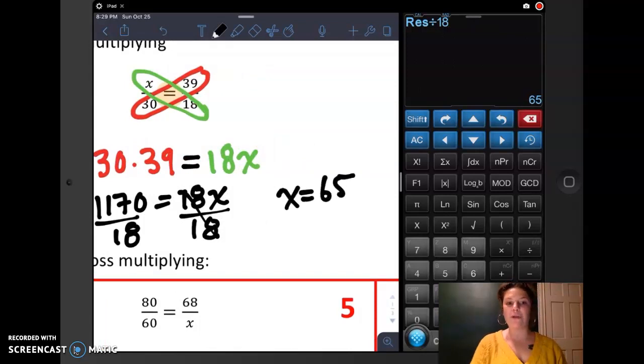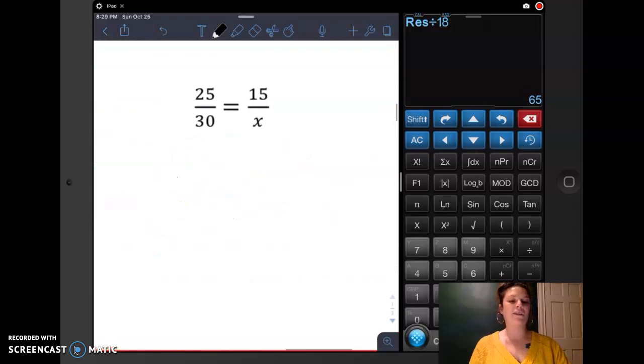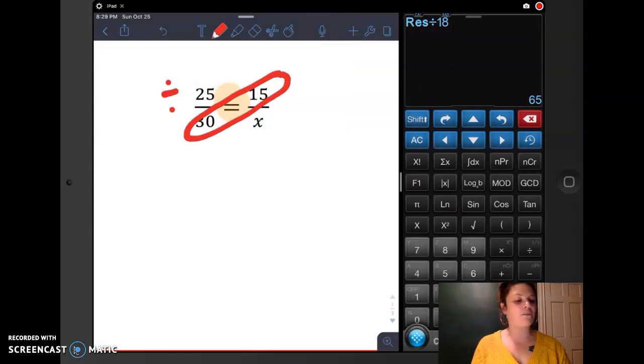All right, I'm going to show you something. If this way is working for you, that's great. If you want even more of a trick, something that goes a little bit faster, all you have to do is multiply the two numbers that are diagonal, and then divide by the one that is left over.